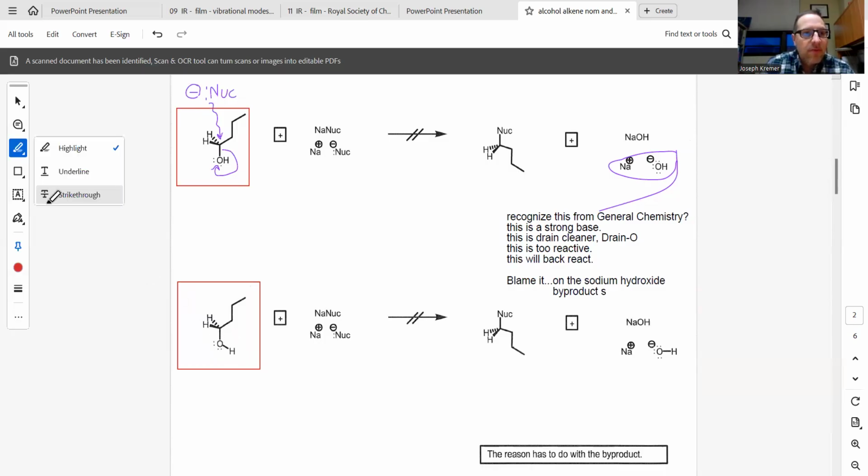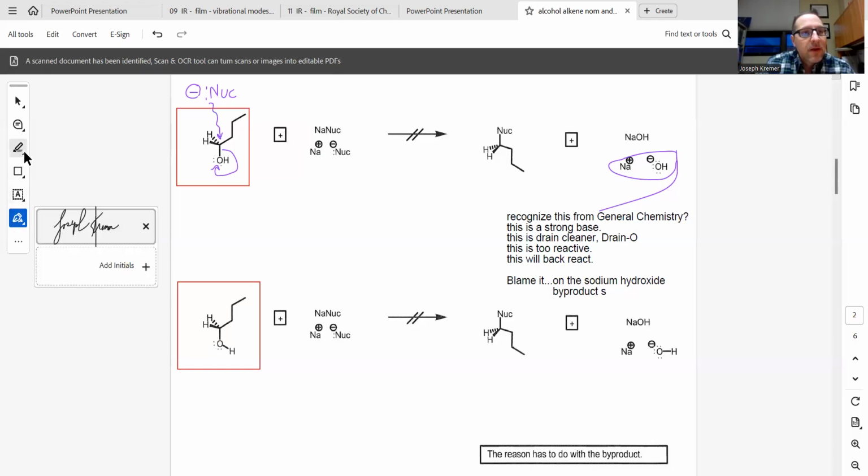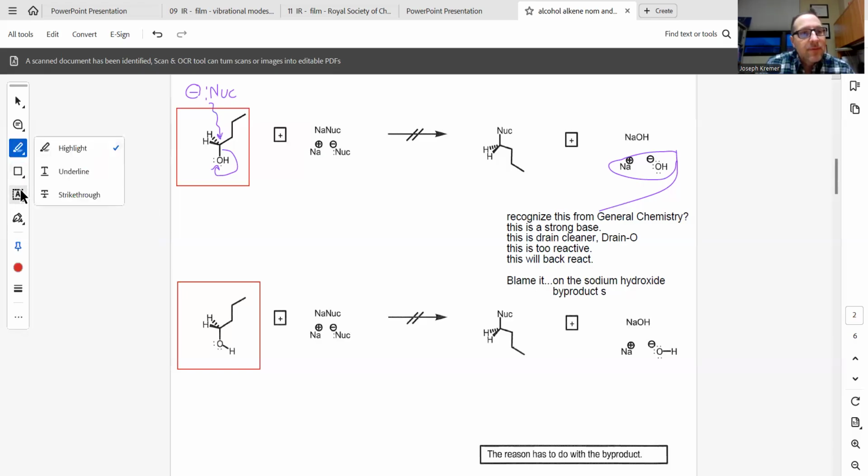You will see both. Condensed stands for there not being enough room to show everything. So this is where the partial positive would be. Carbon is less electronegative, oxygen's more electronegative.